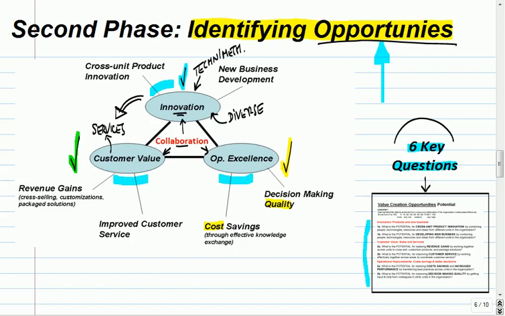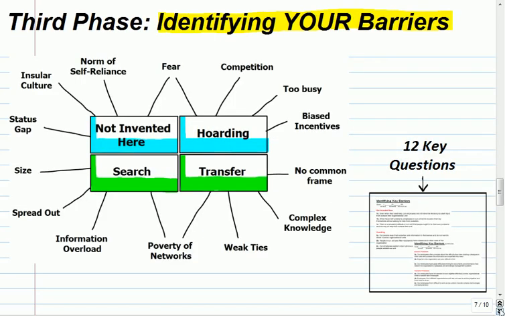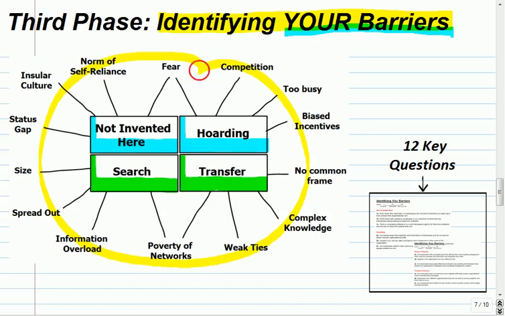So the next step actually is the most critical, and it is the one where we'd like to help you identify your own barriers. We have seen there are many generic barriers. Now the point is which ones apply to you.